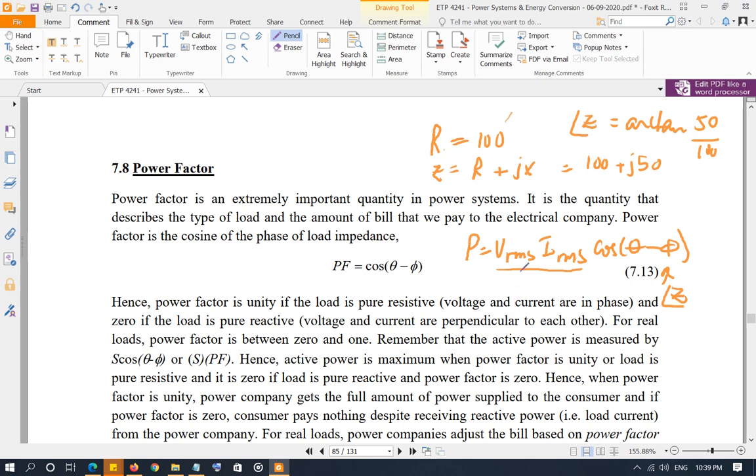So what is happening is you are pulling a lot of current from the power company, but you're not paying the bill for it because the power company is not measuring it, and in fact your power factor is less than 1. So the actual current that you're pulling is not going to be measured. It is going to measure less than that because of the smaller power factor.